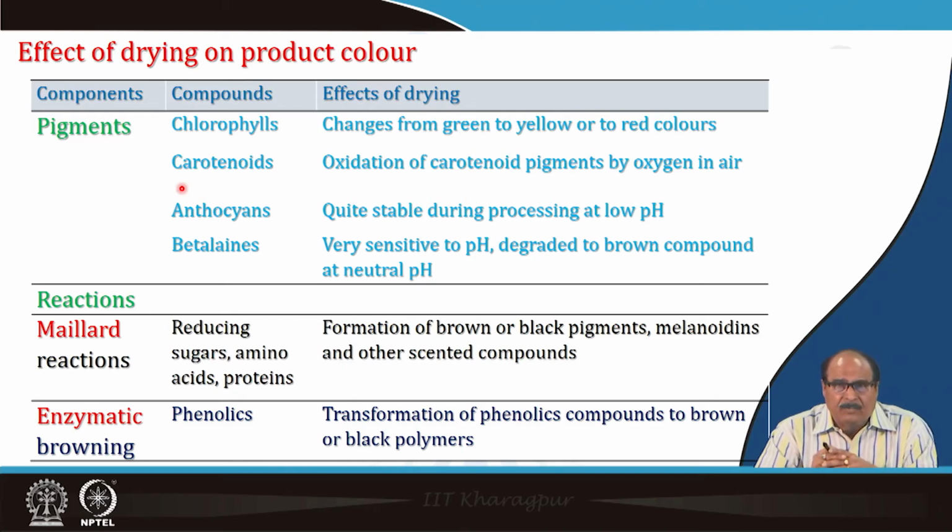Betalains are very sensitive to pH and are degraded to brown compounds at neutral pH during the heating process. Similarly, Maillard reaction and enzymatic browning reactions may also take place if blanching is not effective. The Maillard reaction, an amino sugar reaction, may cause darkening of the product or even flavor development.